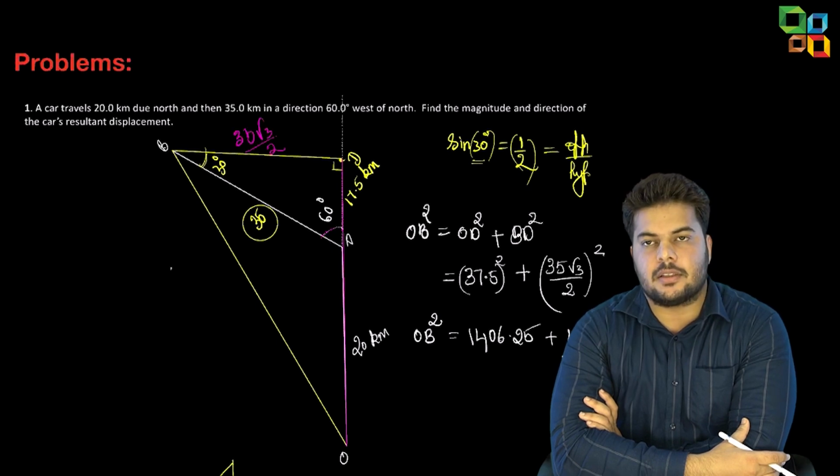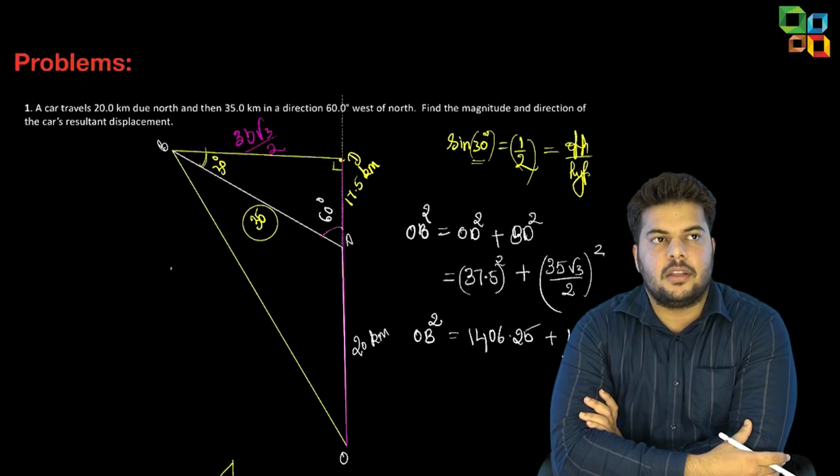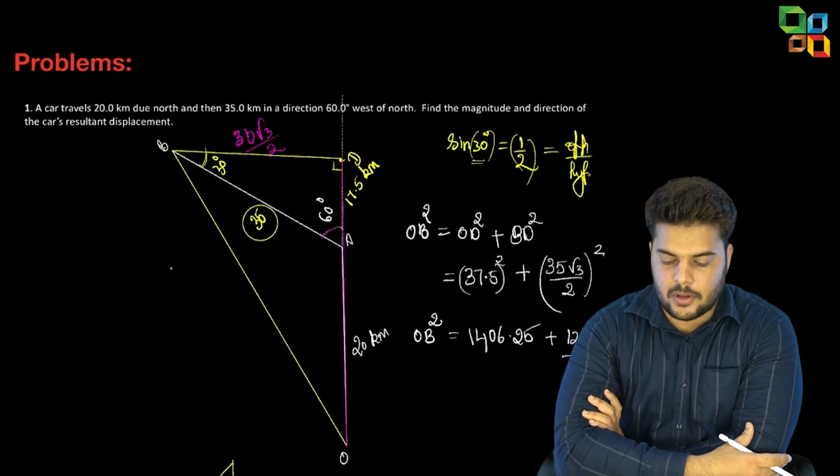No, I made a mistake. Yes, you're right. It's 900. I made a mistake. 3/4 of 1200 is 900. Then there is 25. 3/4 of 25 is 18.75. So it will come out to be 918.75. Yes, you're right.